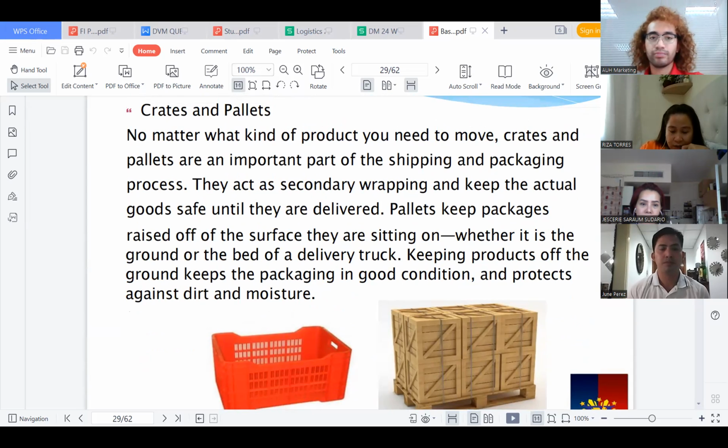They act as secondary wrapping and keep the actual goods safe until they are delivered. Pallets keep packages raised off the surface they are sitting on, whether it is the ground or the bed of the delivery truck. Keeping product off the ground keeps the packaging in good condition and protects against dirt and moisture.